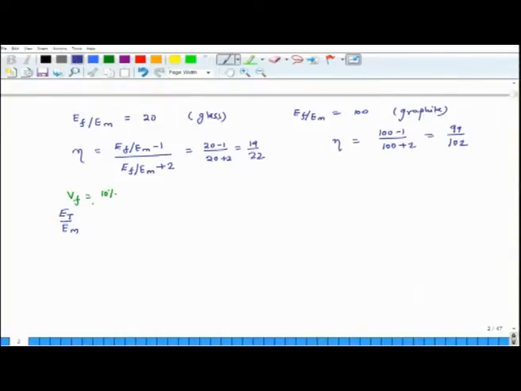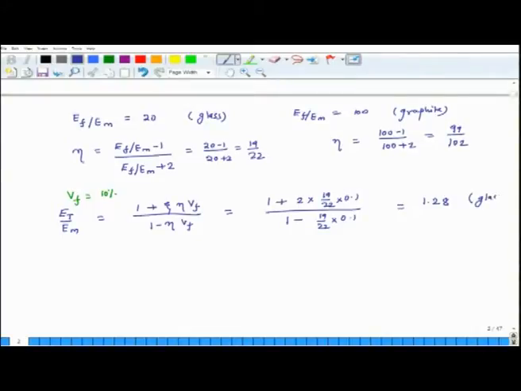For that case E_t over E_m equals 1 plus 2 eta V_f divided by 1 minus eta V_f. For 10% glass, this is 1 plus 2 times 19 by 22 into 0.1 divided by 1 minus 19 by 22 times 0.1, and that works out to be 1.28. So, this is for glass.